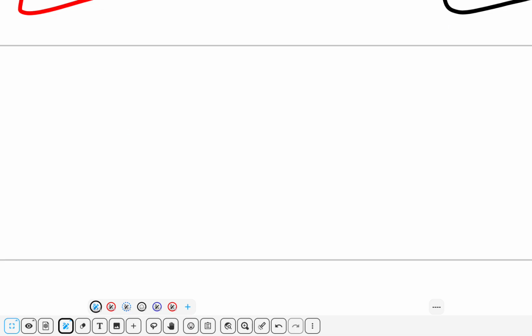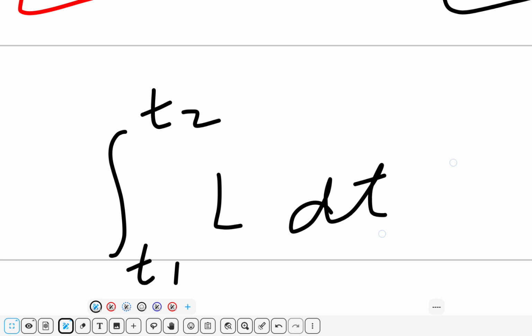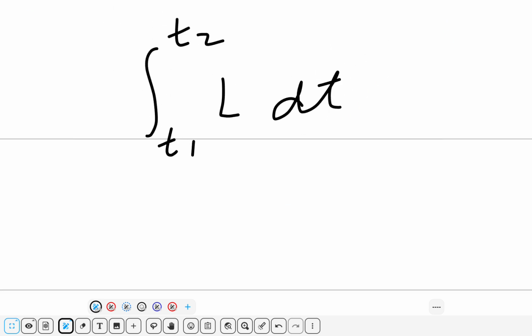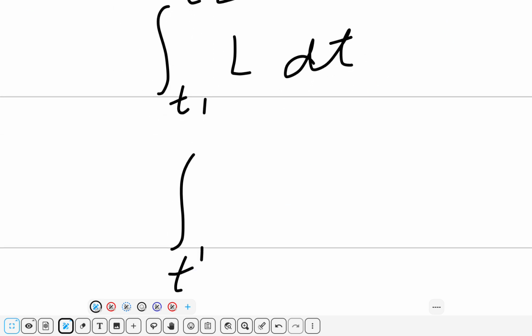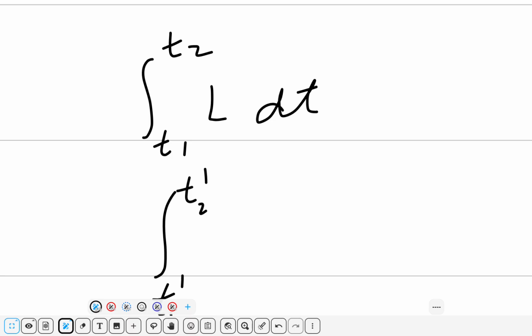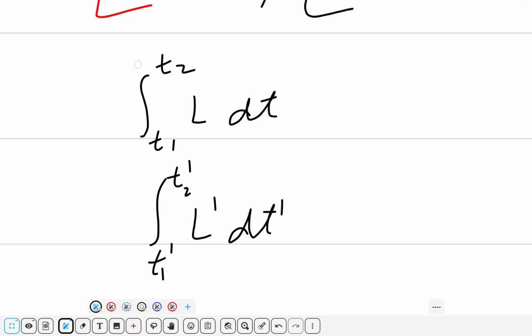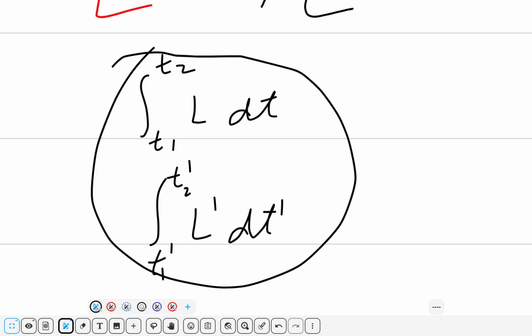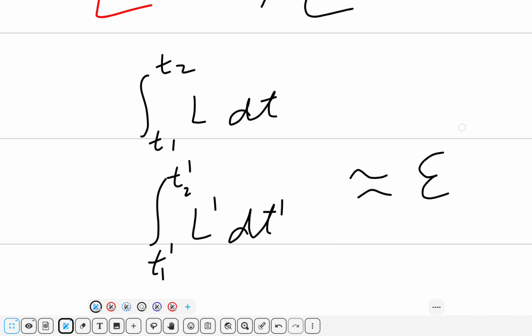So let's say you calculated your action, it was the integral from t1 to t2 of L dt. But after the time and space translation, your action will be something like this: T1 became T1 dash, T2 became T2 dash, L became L dash, and dt became dt dash. And the difference between these should give you order of epsilon square or more. Only then I will say there is some kind of symmetry.